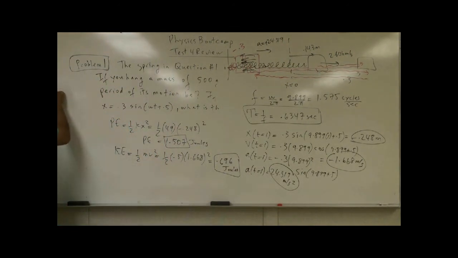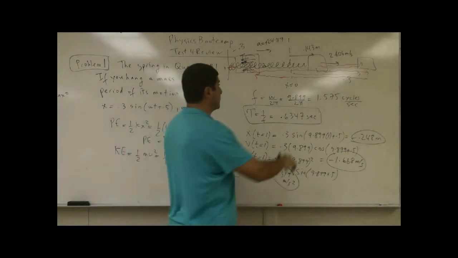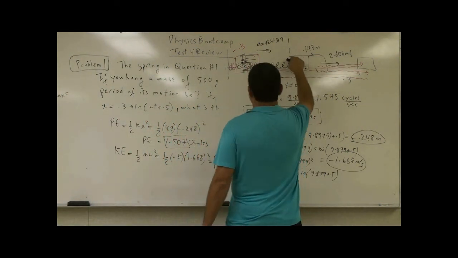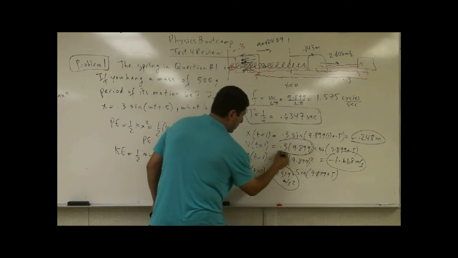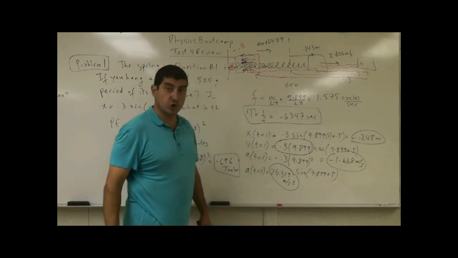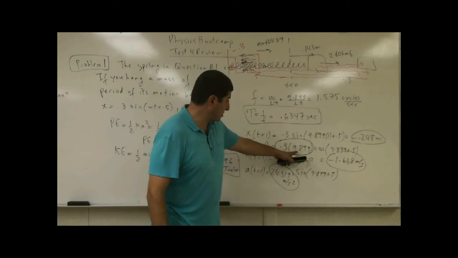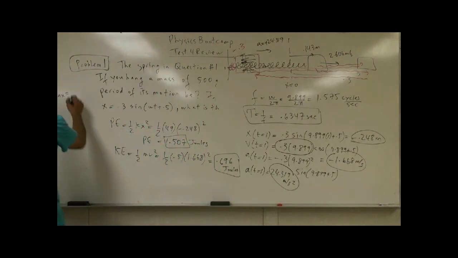Okay, the maximum velocity is what? Well, the maximum velocity, like I said, is reached at the equilibrium point. It's going the fastest. What is the maximum velocity equal to? This part, whatever is in front of the cosine. 0.3 times 9.899.